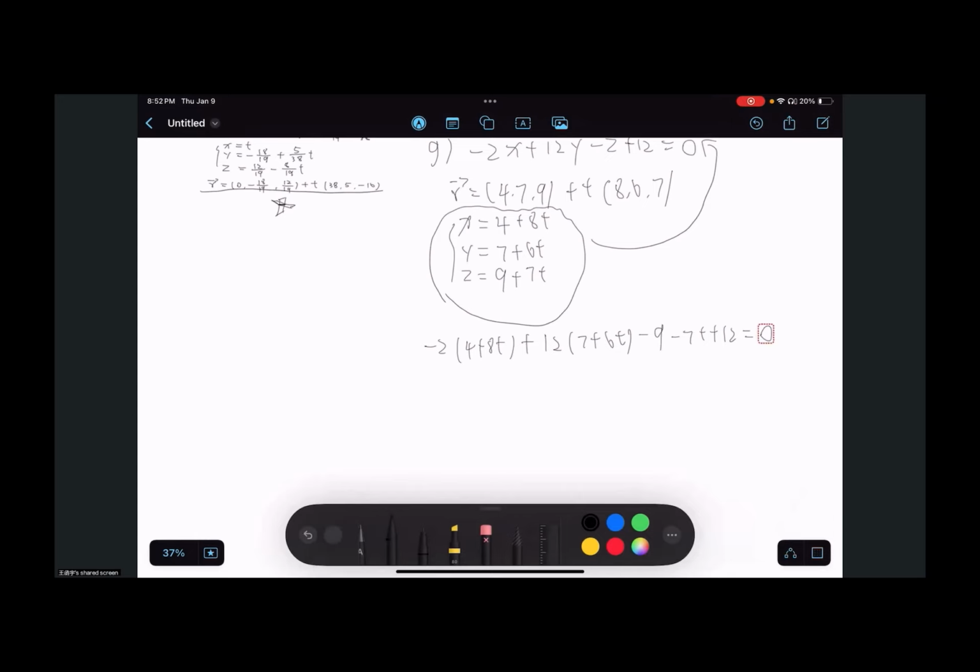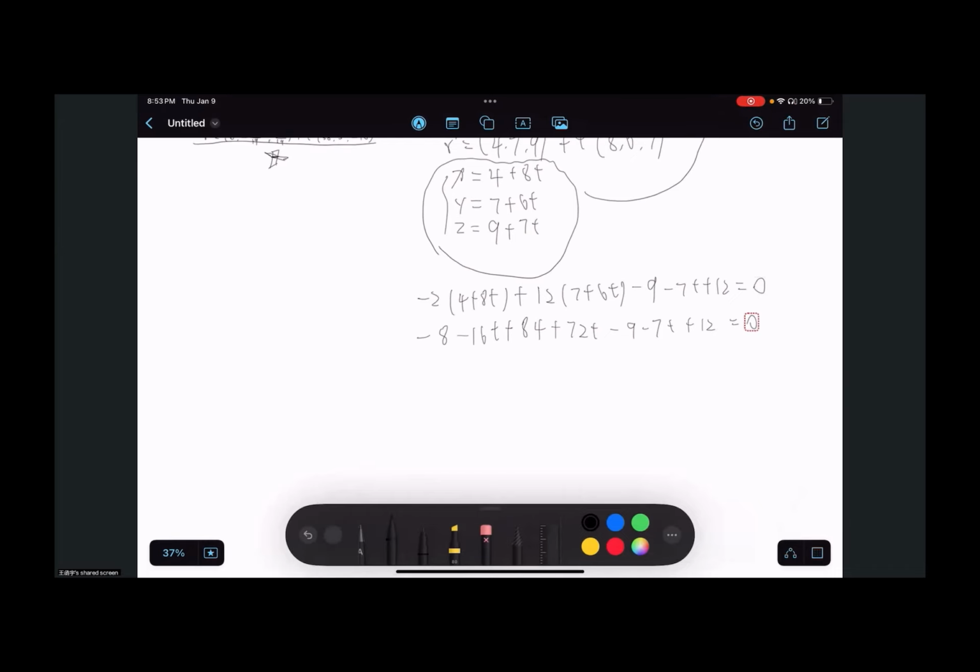And then we got negative 8 minus 16t plus 84 plus 72t minus 72 minus 56t plus 12 equals 0. And then 72t minus 16t minus 56t plus 84 minus 8 minus 72 plus 12 equals 0.